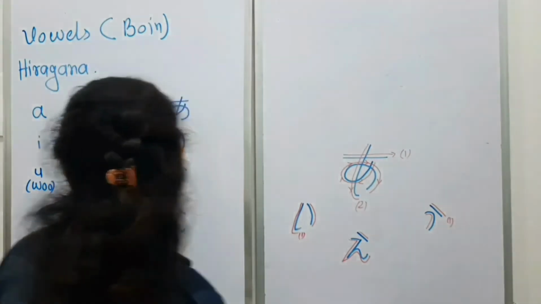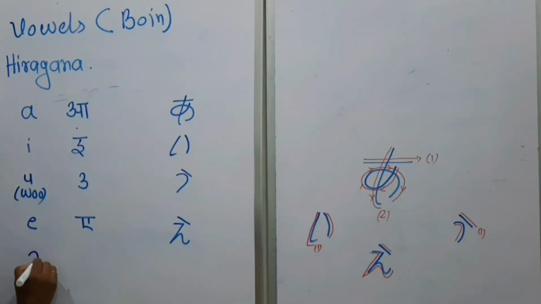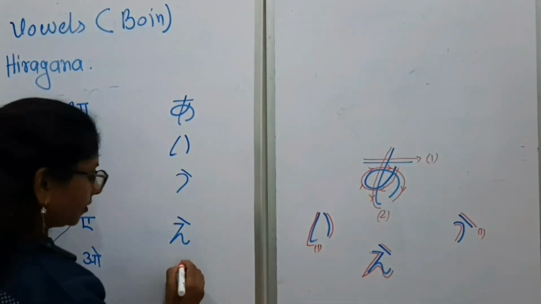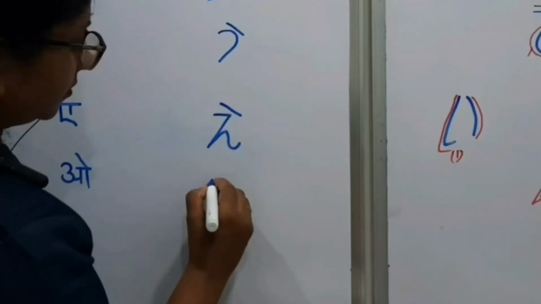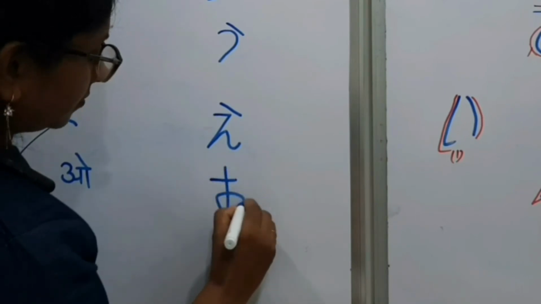Now the last vowel, O. Simple. The pronunciation is the same. How to write it?